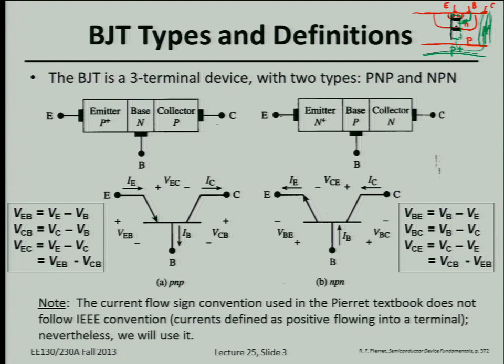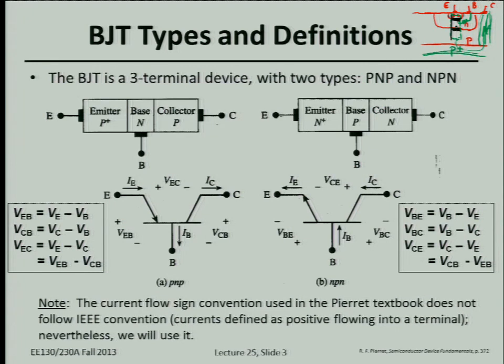There's what we call BiCMOS technology, where we integrate an NPN BJT together with NMOS and PMOS transistors to get high speed where you need it, like in the RF radio frequency circuits, and low power for the digital computation parts of your circuit.